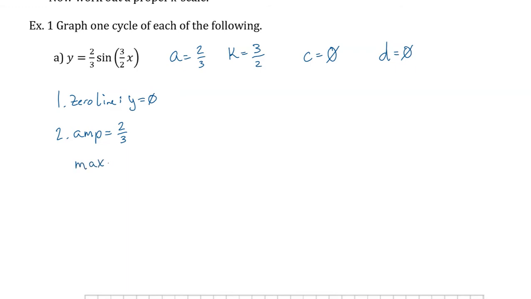So the max is the 0 line plus the amplitude, and the min is the 0 line minus the amplitude. Because it's 0, this isn't really what I would call fraction math.